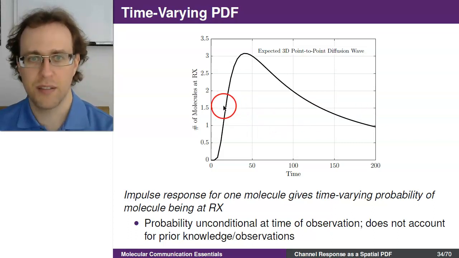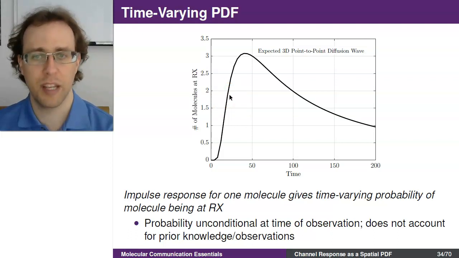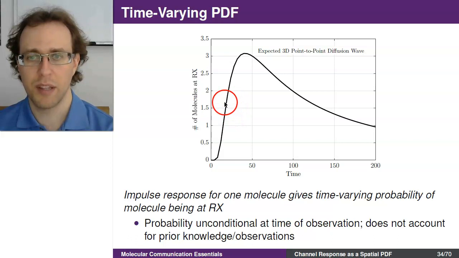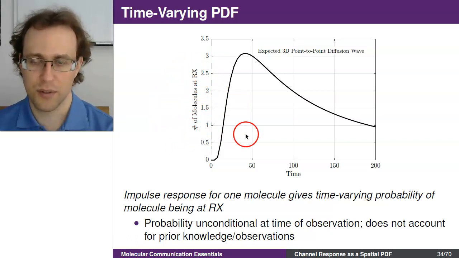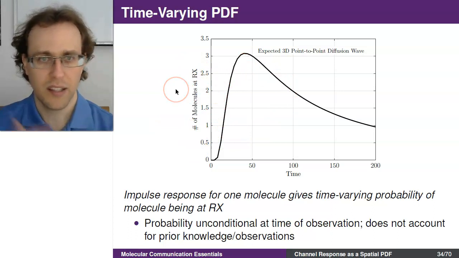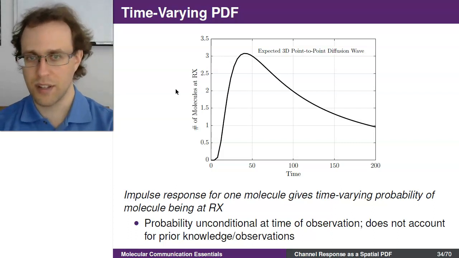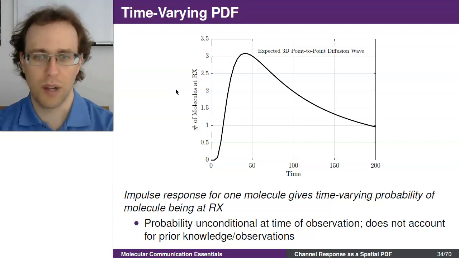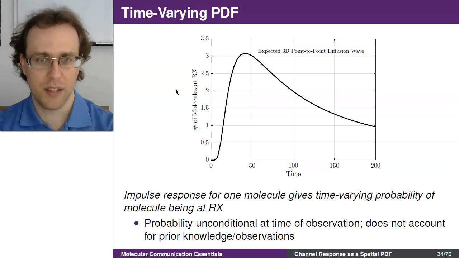The probability of being observed at some particular time will be the value of the curve at this time, and you have to scale this by the number of transmitted molecules. For this curve here, we're still plotting by some arbitrary number of molecules. You'd have to normalize that by the molecules released so that you're just looking at it for one molecule. But the main result here is that the impulse response for one molecule gives us the time-varying probability of that molecule being at the receiver.